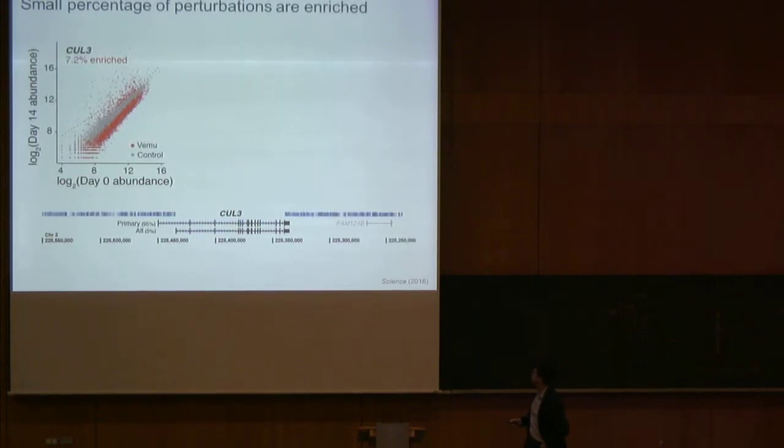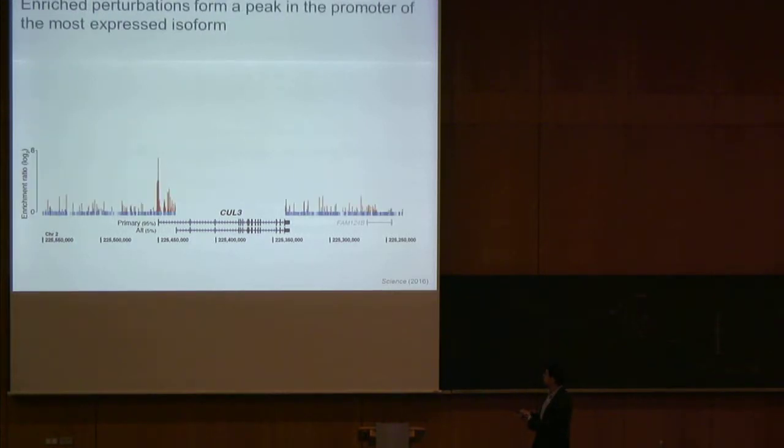That's the goal. What I'm showing you here is after 14 days of vemurafenib treatment, you can see that most of these guides really do nothing, as maybe we'd expect in these non-coding regions, but there's some small percentage, about 7%, that are significantly enriched above this control treatment. If we look at these in a genome browser style view, you can instantly start to make out features of this gene.